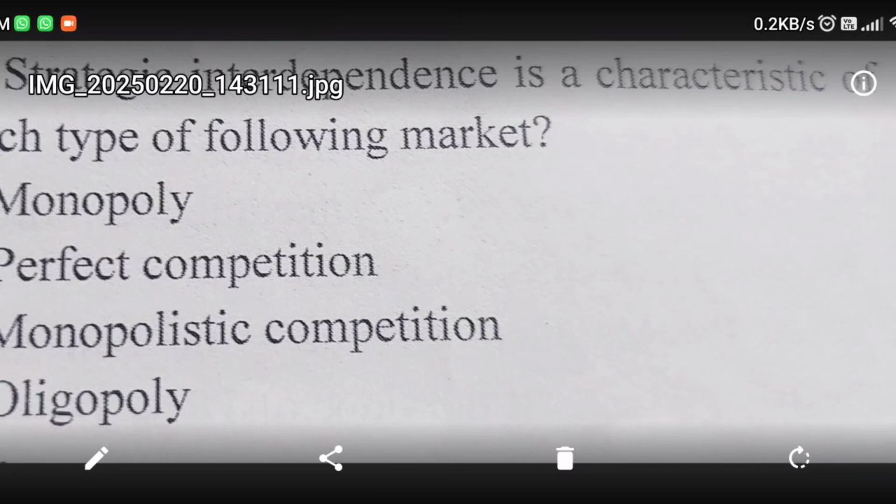Each firm's price and output decisions or strategies are influenced by the expected reactions of their rivals. This strategic interdependence often leads to a complex decision-making process, including consideration of pricing strategies and potential collusive behavior. So D is the right answer.